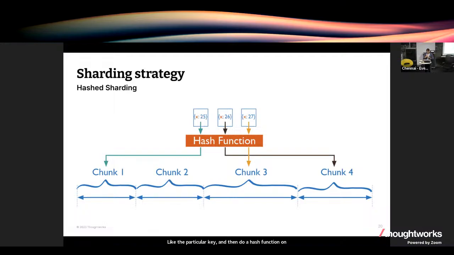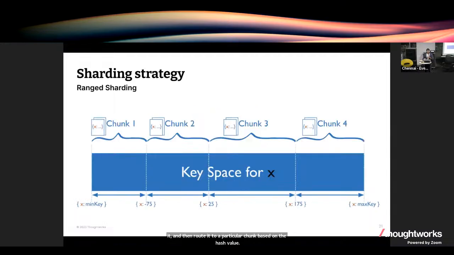So this is hashed sharding. And then there is ranged sharding. If there is a particular series of numbers, like a series of pin codes or employee ID ranges, one particular chunk will take from this minimum key to this particular key, and then from this key to here, and this key to here. So this is how the chunking is done. That is ranged sharding.